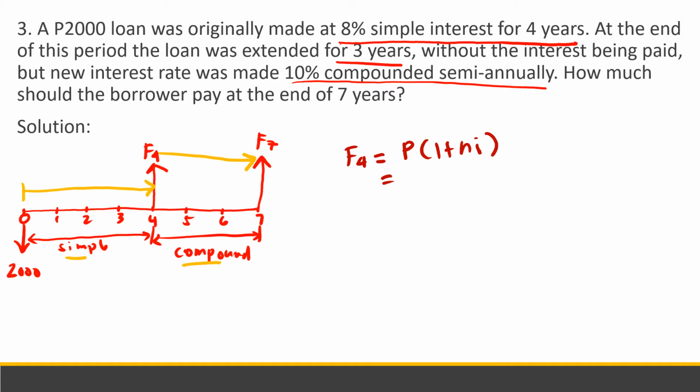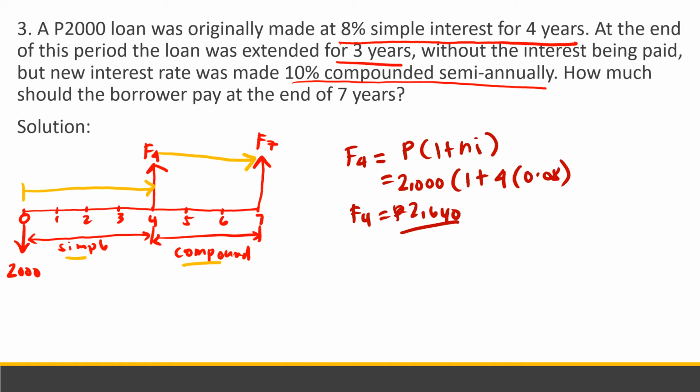So this is equal to 2,000 multiplied by 1 plus 4 years times 0.08. So our F4 will be 2,640. So after 4 years, the 2,000 became 2,640.